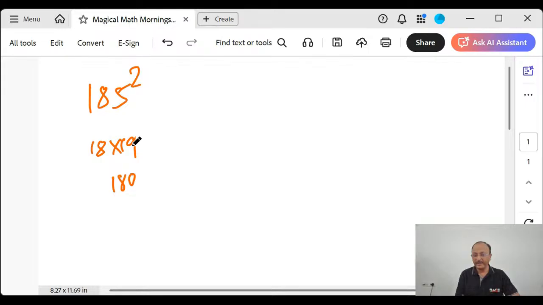Correct? No? 18 nines are 162. Just you can add like this also. Correct? It requires a little bit of practice. When you do anything above 10, it requires a little bit of practice. But with practice, it can come very good. And it is 342 followed by 25.